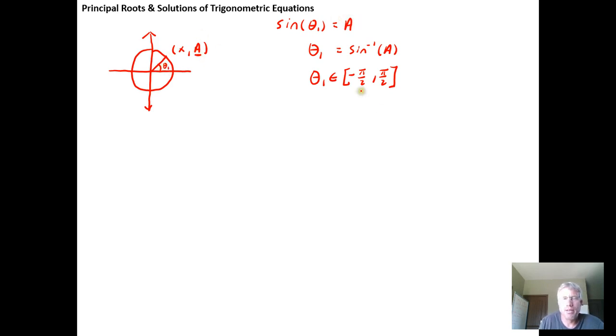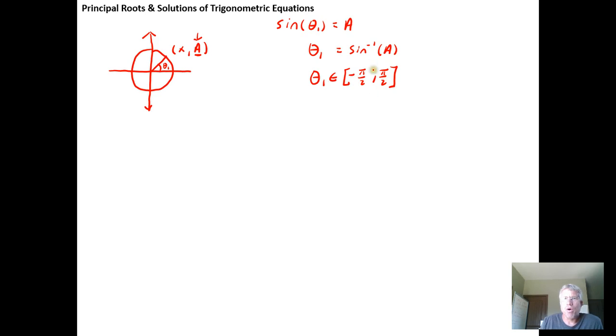So what I want to recognize is that if I want all possible angles that generate a side ratio of A, I need to realize that I can rotate around the unit circle again and again and again, and every angle that's coterminal with theta 1, every angle that ends in the same spot as theta 1, will generate a side ratio of A. So this gives me a single solution right here on the interval from negative pi over 2 to pi over 2.